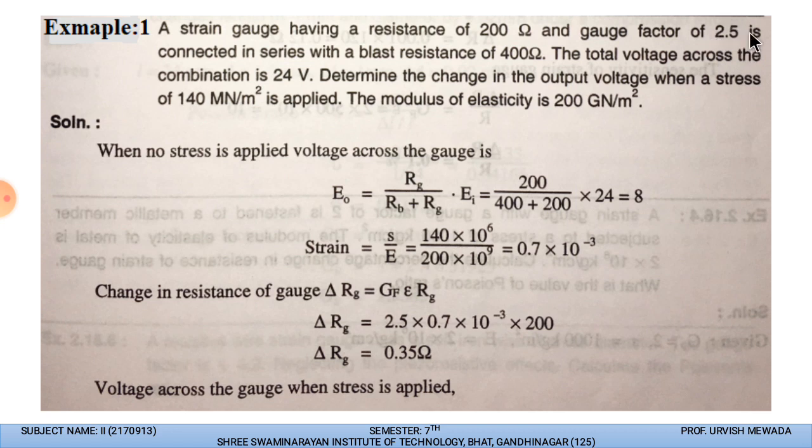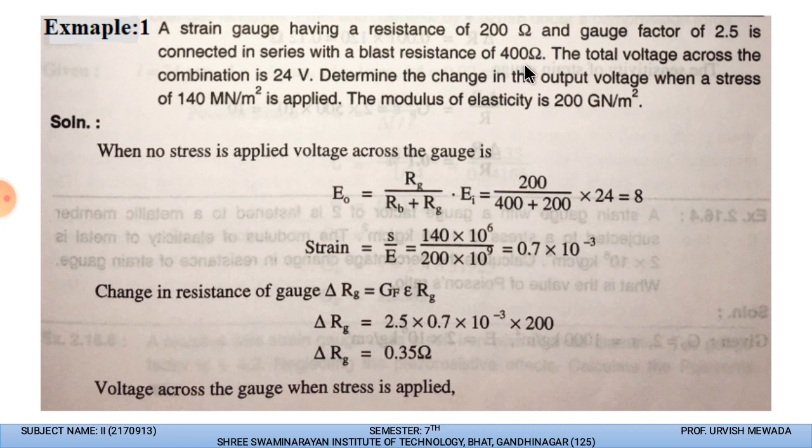As we know, the sensitivity of any gauge is directly proportional to the gauge factor. It is connected in series with this ballast resistance of 400 ohm.